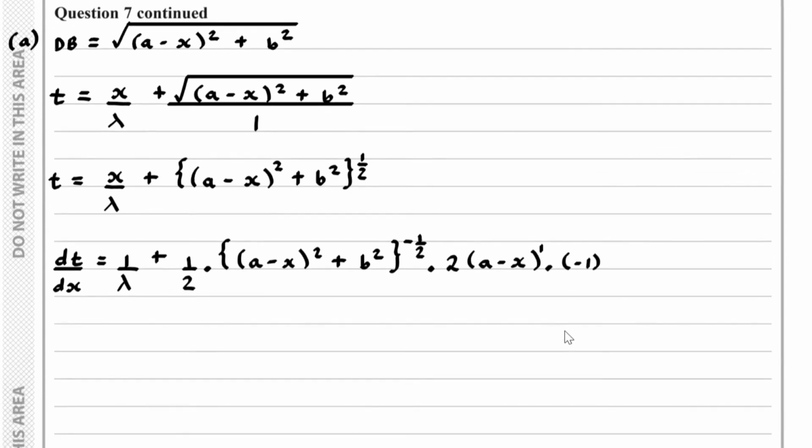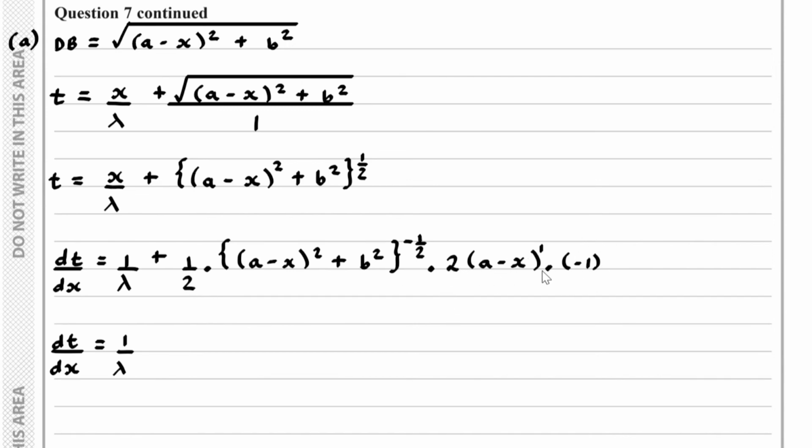And so, if we tidy this up, we can see that dt over dx is equal to, well, I've got the 1 over lambda, and then I've got the half and the 2 simplifying to 1.